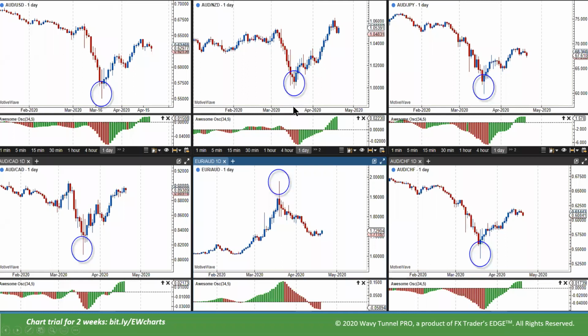Like the Aussie Kiwi candlestick pattern was an engulfing candlestick pattern, but all the others pretty well had very long tails, which meant that the buyers or the sellers, depending on which currency came first, were losing control. So all of the markets, even if you put up a bunch of stock markets and all the indices, they all reverse pretty well within the same few days. Commodities as well.